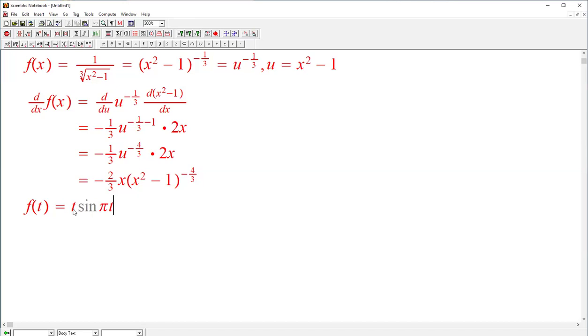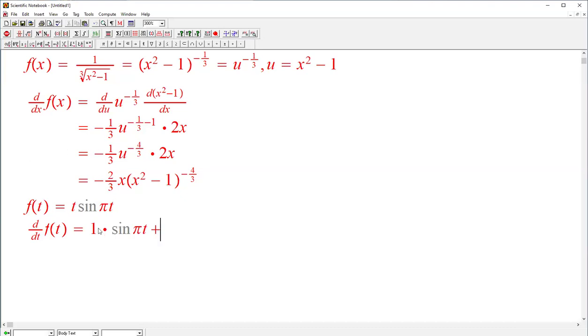And within product rule, when we differentiate sine pi t, we're going to apply chain rule. Once again, we're going to differentiate the function with respect to, this time, not x, it is going to be t. The derivative of t is 1 multiplied by sine pi t.